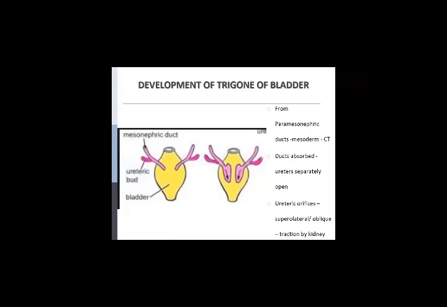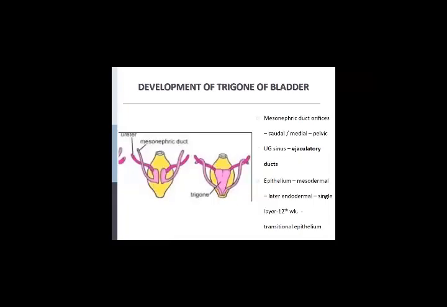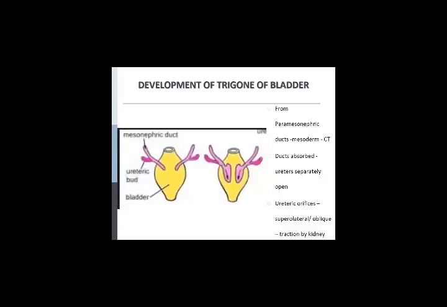As a result, this ureteric bud also comes to open into the posterior wall of the urinary bladder. Now what we see is the posterior surface of the urinary bladder. So the mesonephric duct is incorporated into the posterior wall of the urinary bladder.